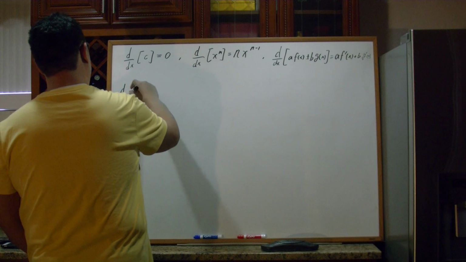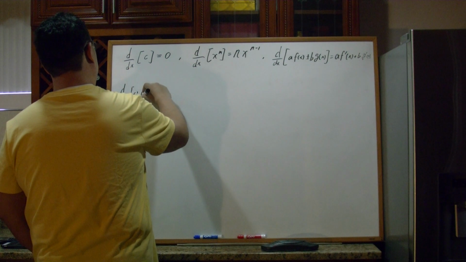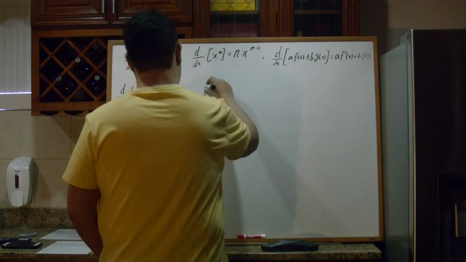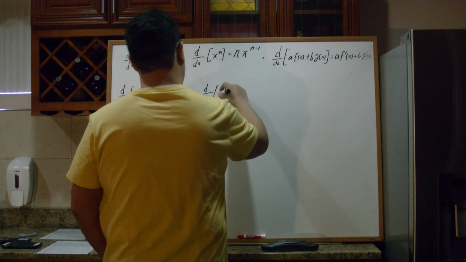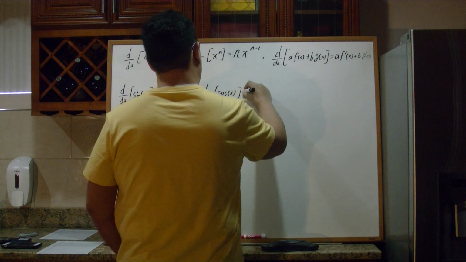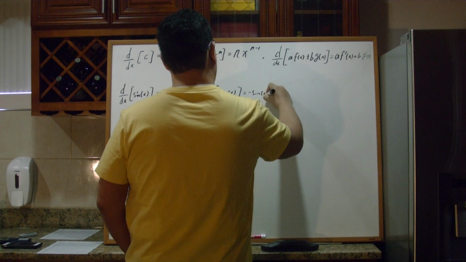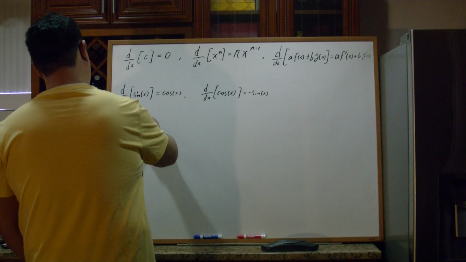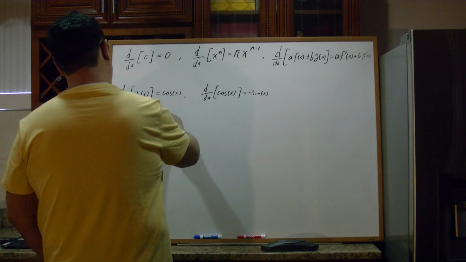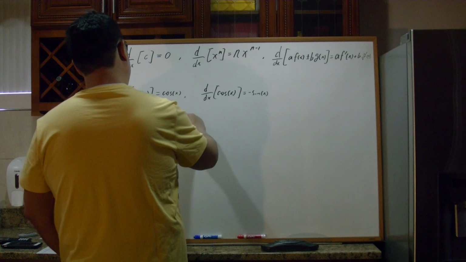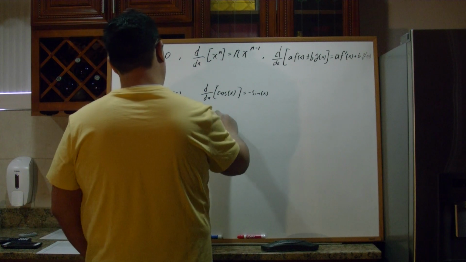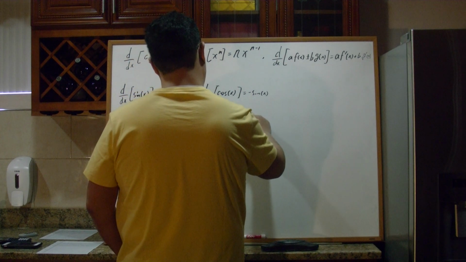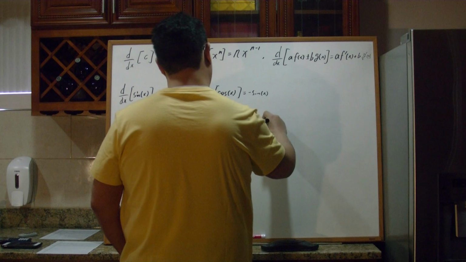The derivative of sine is cosine, and the derivative of cosine is negative sine. The derivative of tangent is secant squared.